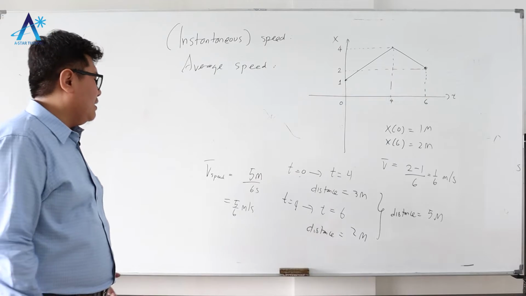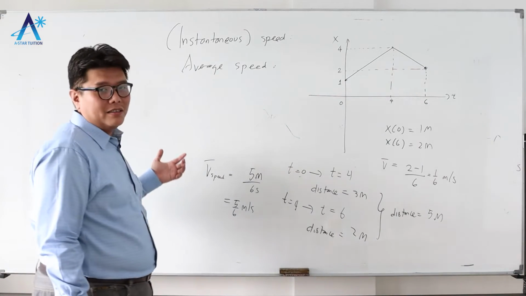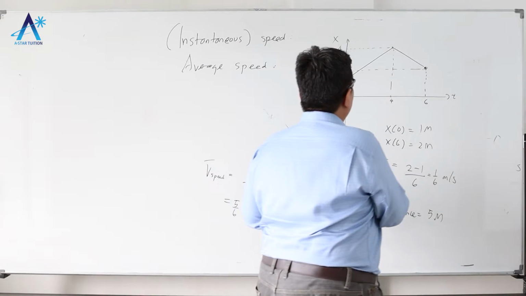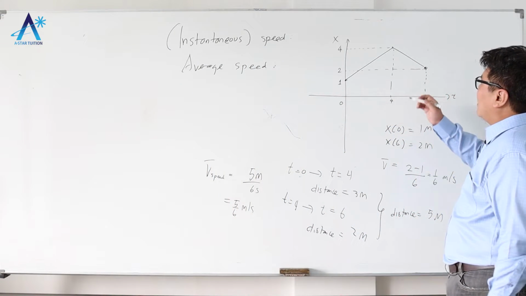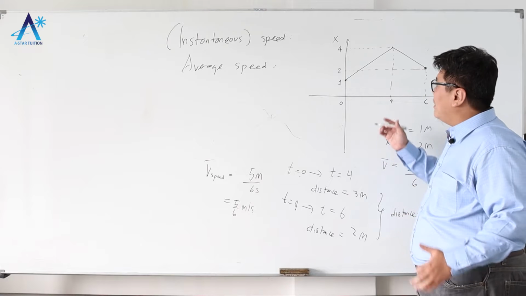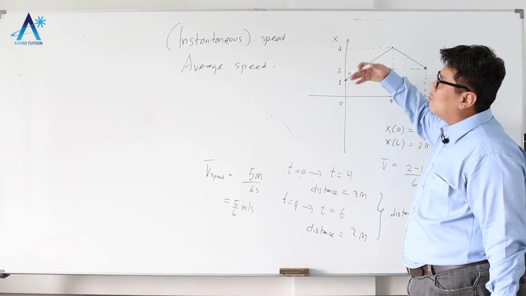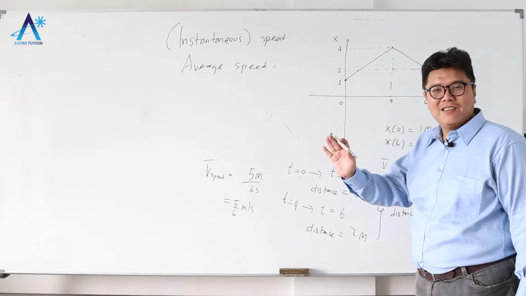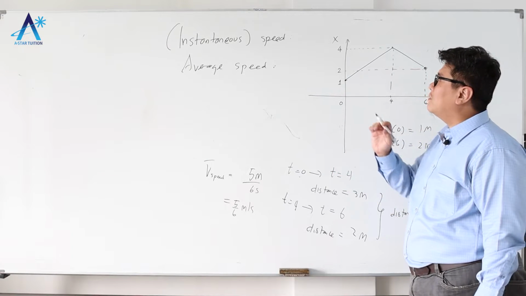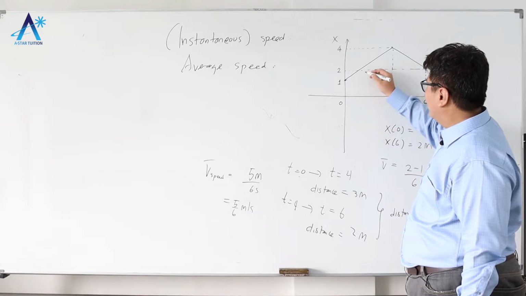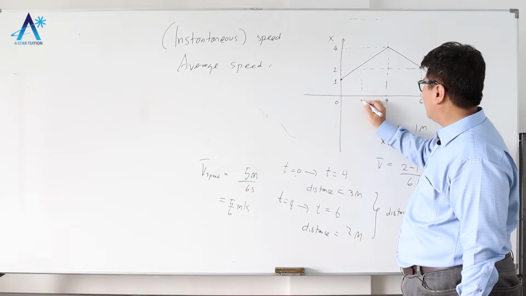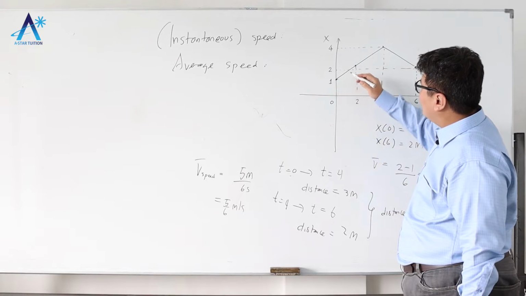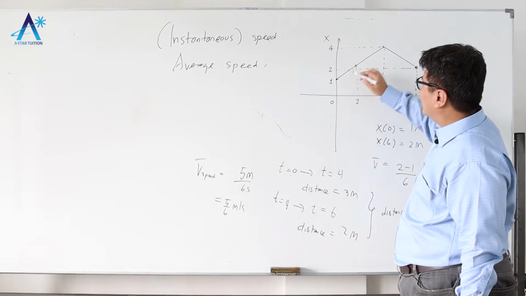Now what about instantaneous speed? Instantaneous speed is actually kind of similar to average velocity. Because we try to find how fast it's moving at a certain instant, the only difference is that we don't really need to specify the direction for speed. Let's say at this point at t equal to 2, what we can do is draw a straight tangent line to the graph.